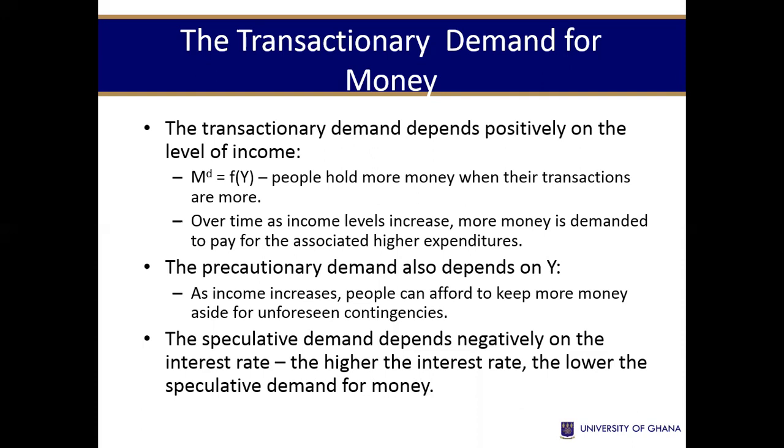Maybe you just buy 200 worth of bonds, which means you are holding 800 worth of money. So with a reduction in interest rate, there's an increase in you holding the money, which means an increase in the demand for money. So you see the negative relationship between the speculative motive for holding money and the interest rate.